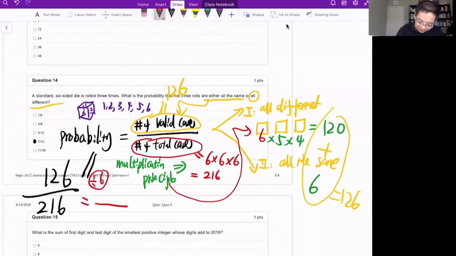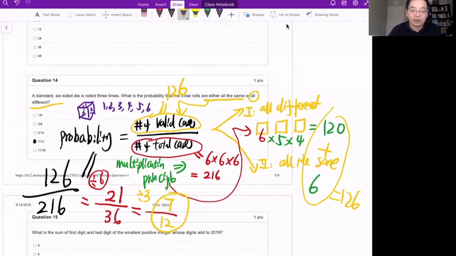The first one is 21. And the second one is 36. Now we can further say, okay, I can still divide by 3, right? Divide by 3. Then this one is 7, and this is 12. Okay, good. 7 over 12, that's the simplest form. We cannot reduce any further. Therefore, the answer is 7 over 12.